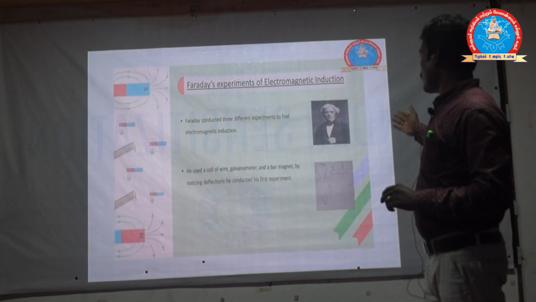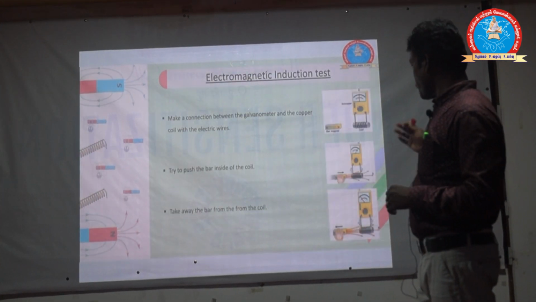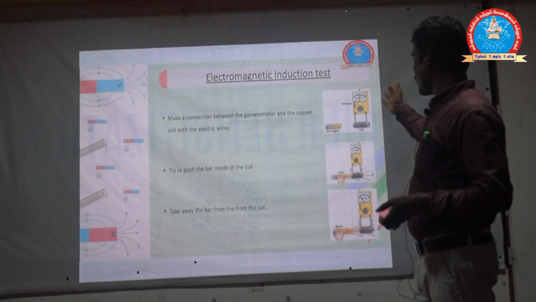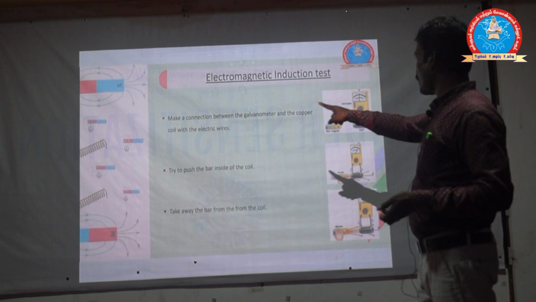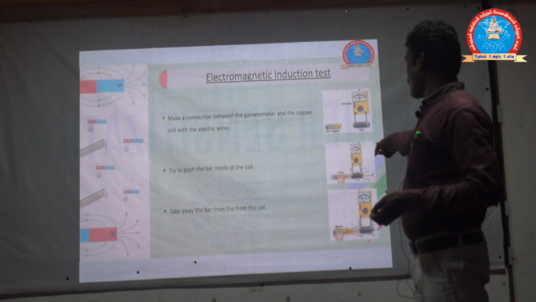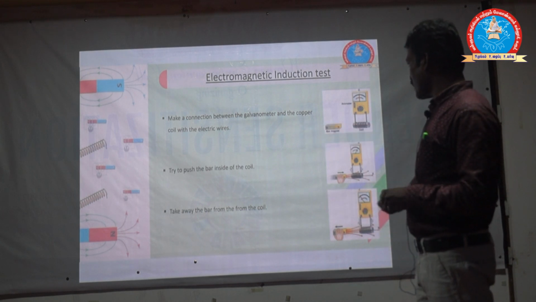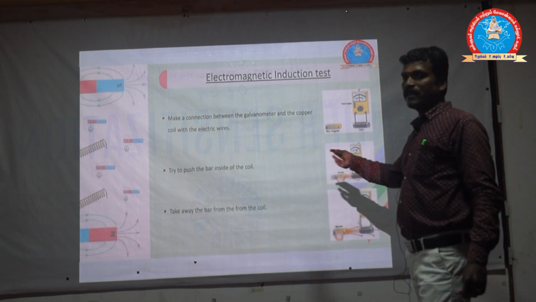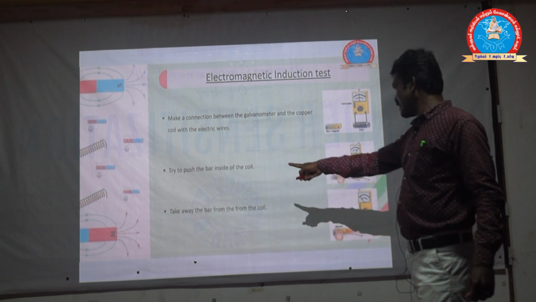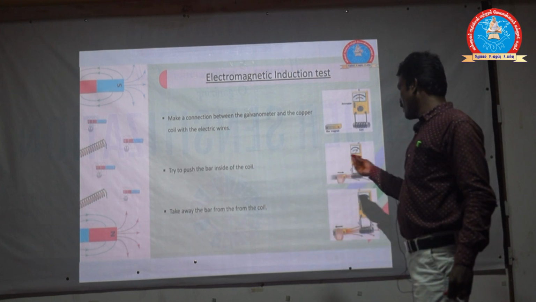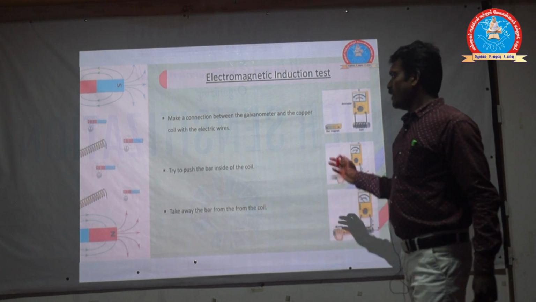First, the connection between the galvanometer and the copper coil. Second, pushing the bar inside the coil. And the last, taking the magnetic bar away from the coil.